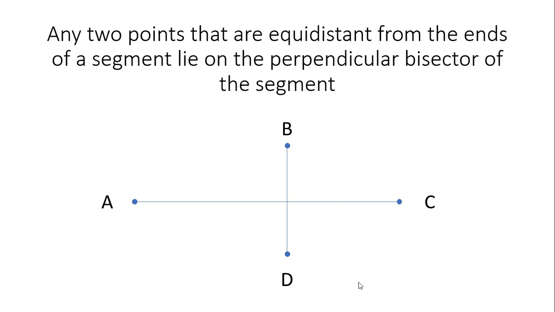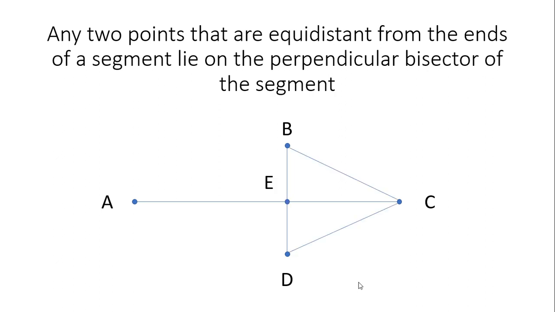Alright, so let's start with these 2 points, B and D, and these 2 points are equidistant from the segment AC. So we're going to prove that AC is the perpendicular bisector of the segment BD.